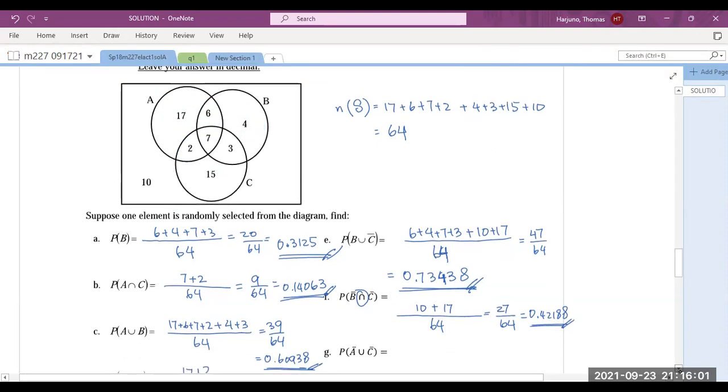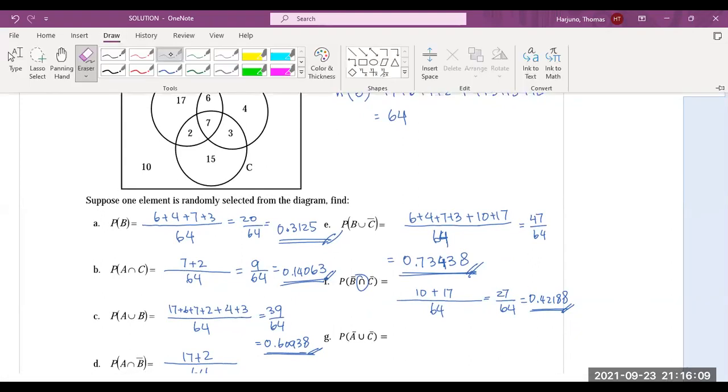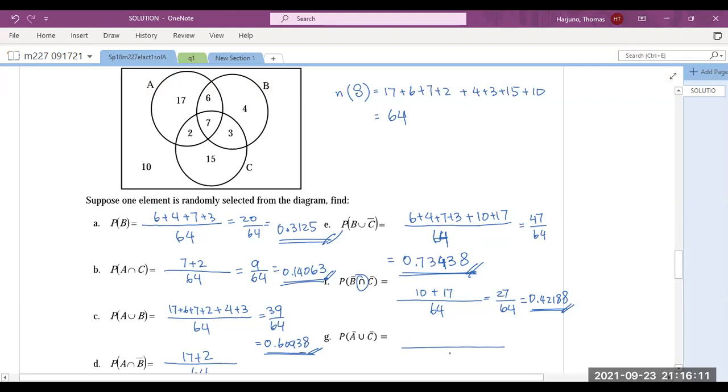And part G, I think this is the last question from this page. Part G, not A or not C. Now, can you tell me how many elements outside of A? What number should I register? 10. Uh-huh. And 4. And then? 3.